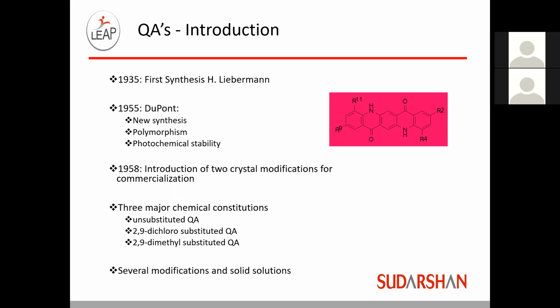Those are the three main chemical substitutions that are commercially available for the quinacridone chemistry. And quinacridones can also be further modified and used for solid solutions to create additional color indexes and options for your colorant needs.